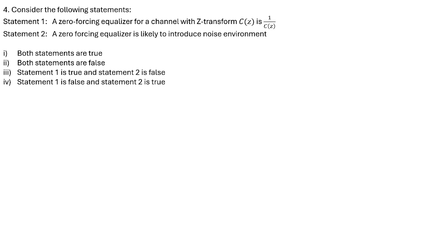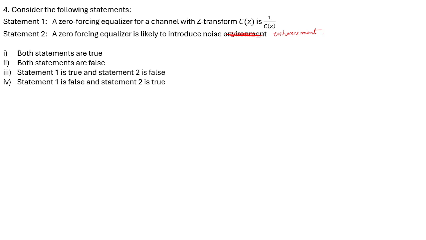And it says that the zero forcing equalizer is likely to introduce noise. I think the term written here is wrong; it should be noise enhancement, not environment. I guess there is a typo here. It is likely to introduce noise enhancement, and this happens when the channel has very small gain.